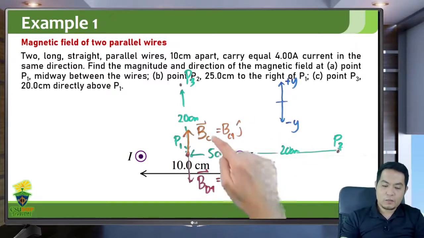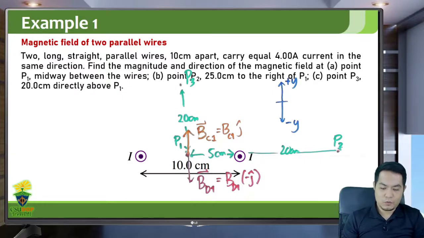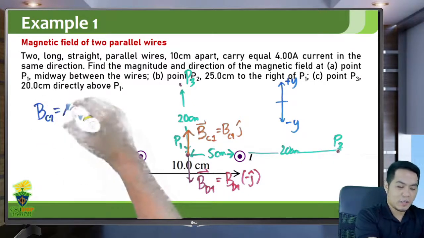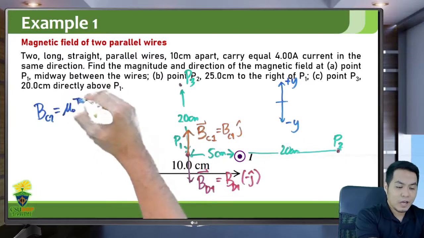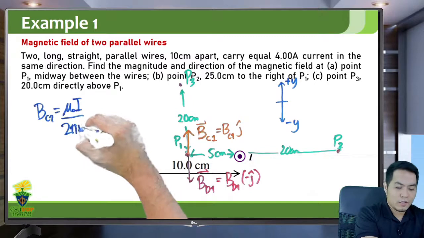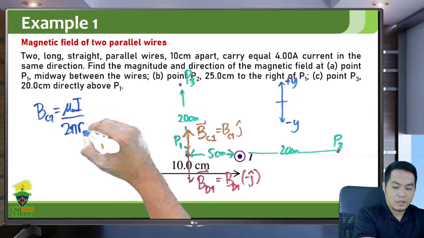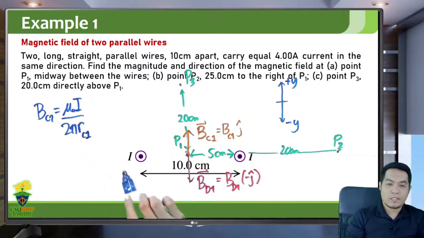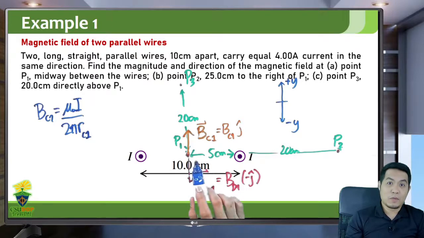So let's now try to find BC1 and BD1. To solve this, we just need the very simple formula. BC1 will just be mu naught I over 2 pi R, say RC1, since they have the same current. RC1 is the distance from our wire C to point P1.